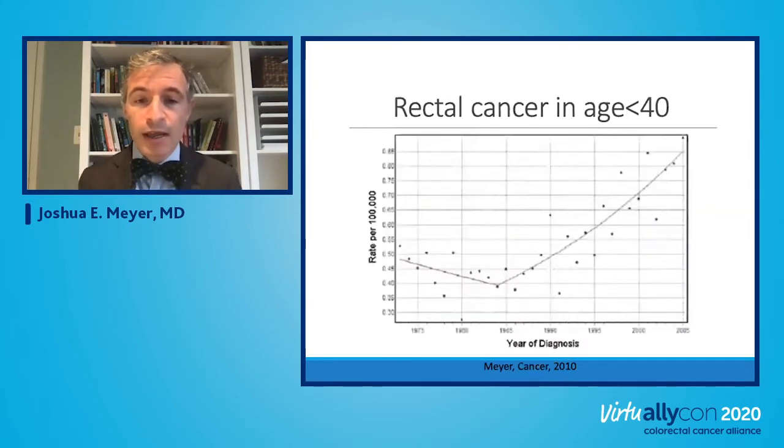When we looked at the rectal cancer data and tried to identify when this rise began, we pinpointed it down to the year 1984, where the slope started increasing. And you can actually see during this time that the annual percent change of rectal cancer in patients under 40 was almost 4%.